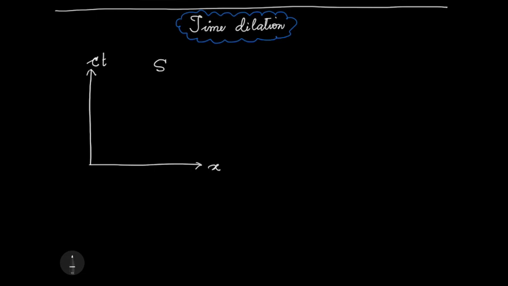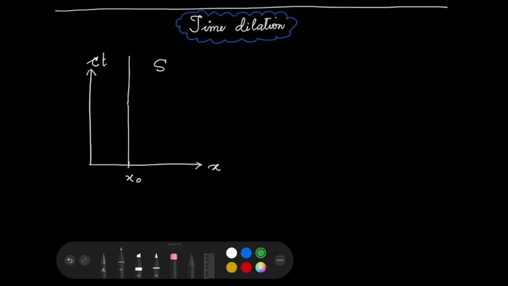In this reference frame, somebody is at rest, say at x equals x0. What will be his world line, his trajectory? We'll say that his position always remains at x0 at all time, and we have done it before, so it will be like this.